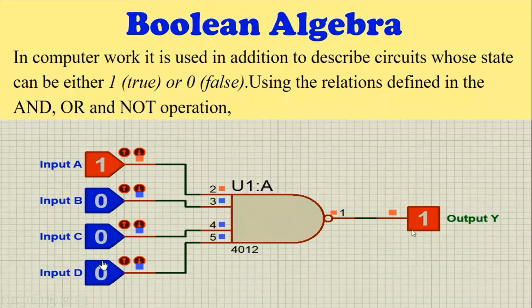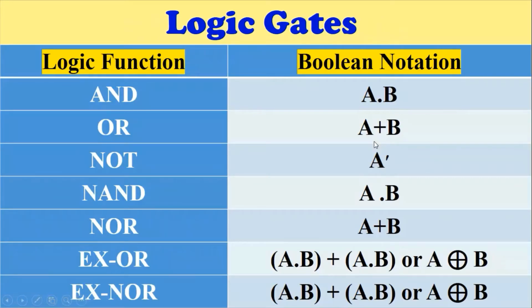This is the output for all inputs A, B, C, D. We have 4 inputs, and this one is called the AND gate. One by one we will discuss all the different gates or operations. So let's move.